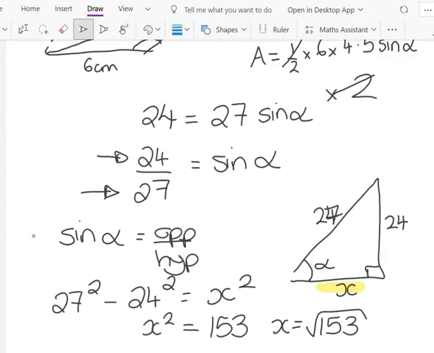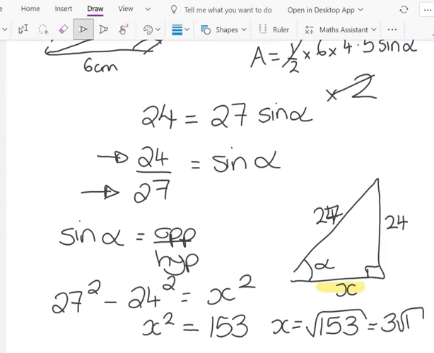No. Can we divide it by 5? No. Can we divide it by 3? Yeah, it's 51 times 3. So 153 is 9 times 17. So that is the same as 3 root 17.